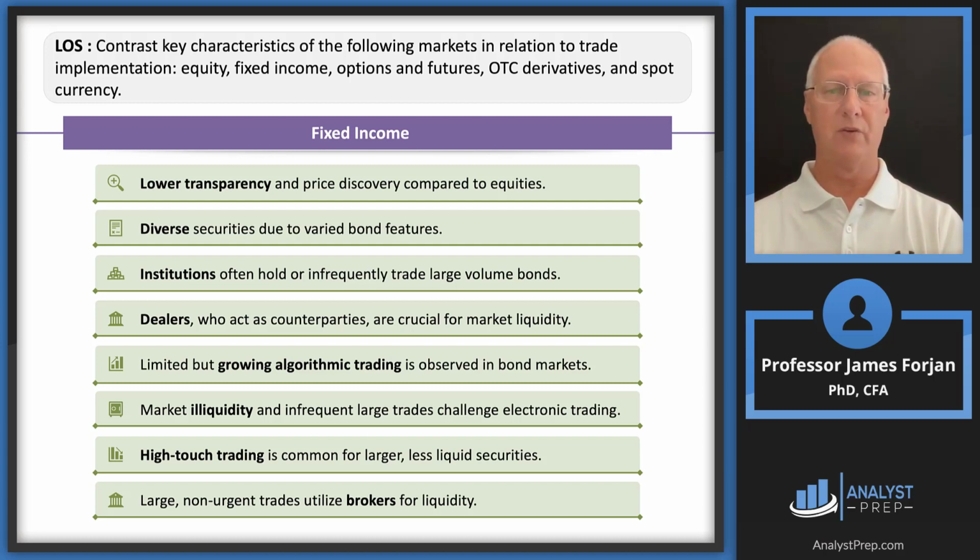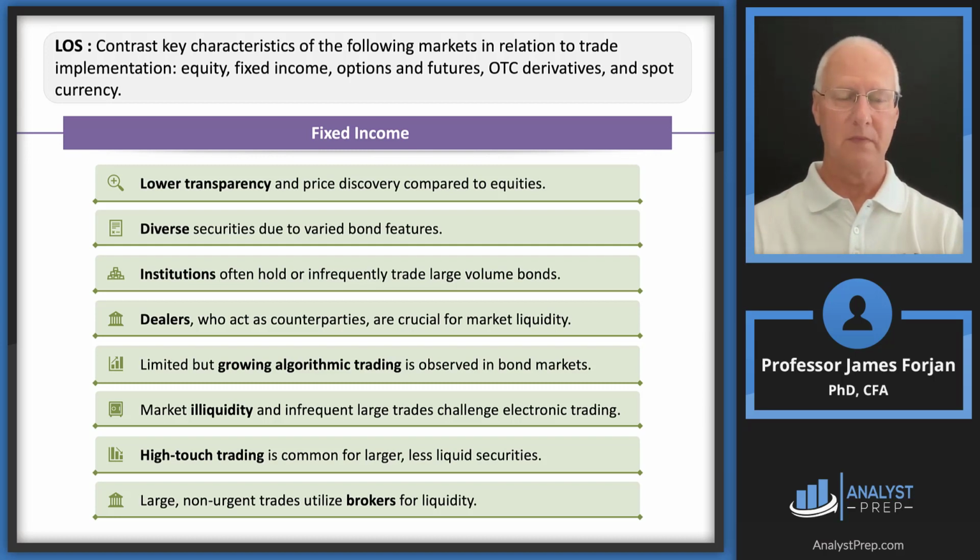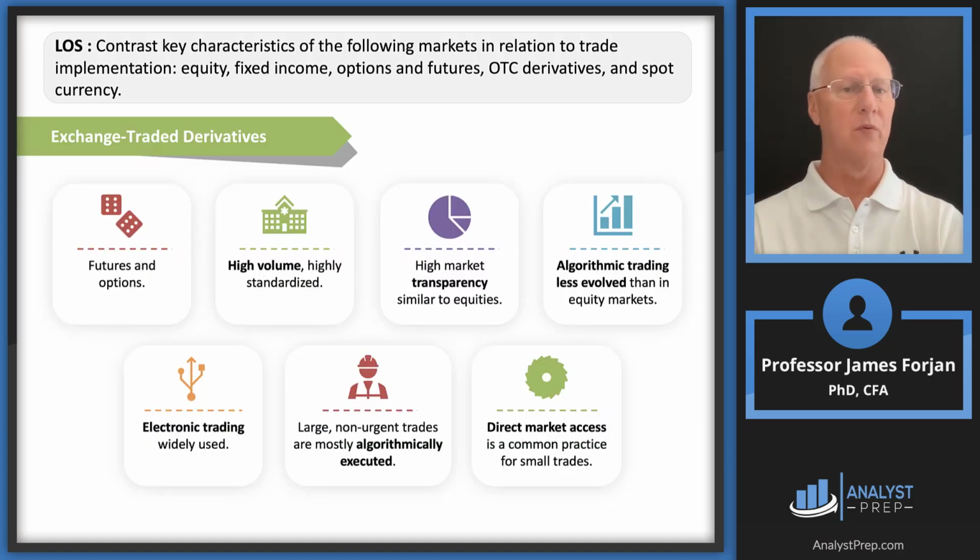Yeah, the dealers, they are super crucial to provide market liquidity. Now, they may not provide market liquidity at the price that we want just because there's not as much breadth or depth. Yeah, there's a box on market illiquidity. High-touch trading is common for larger, less liquid securities. That makes perfect sense. And then brokers play a pretty important role there.